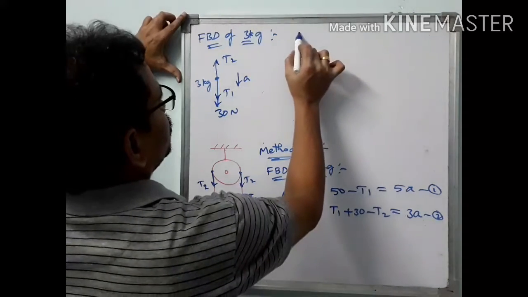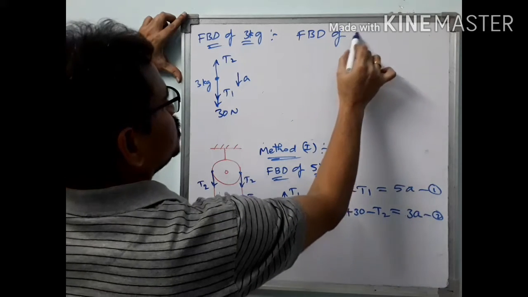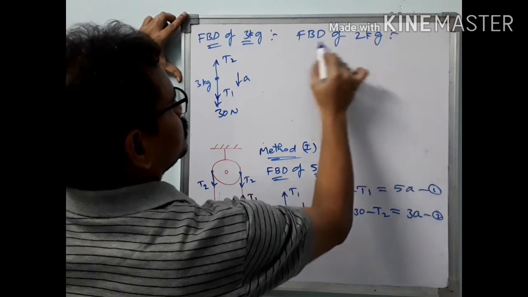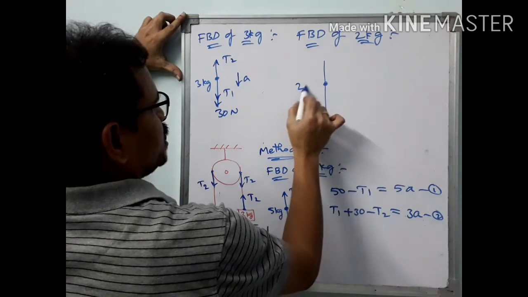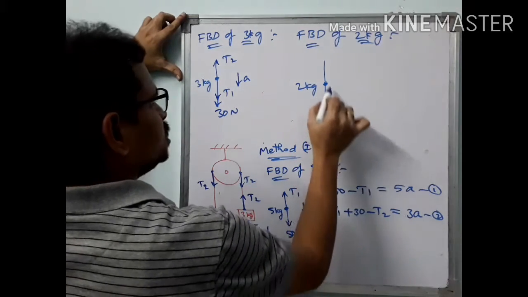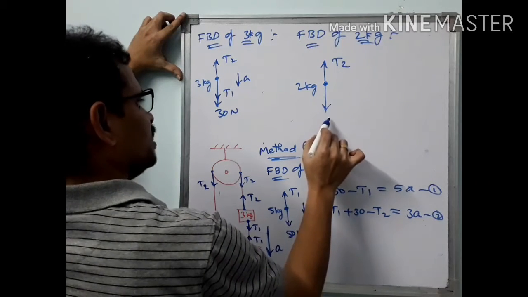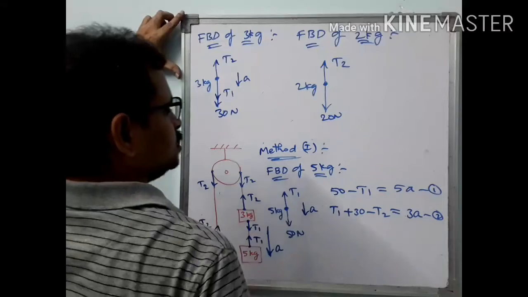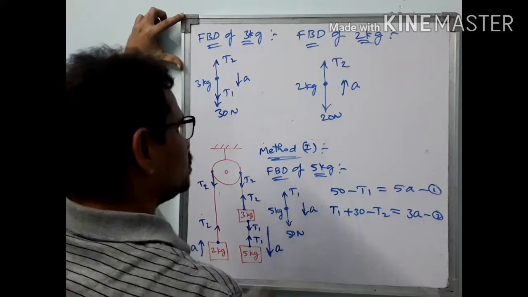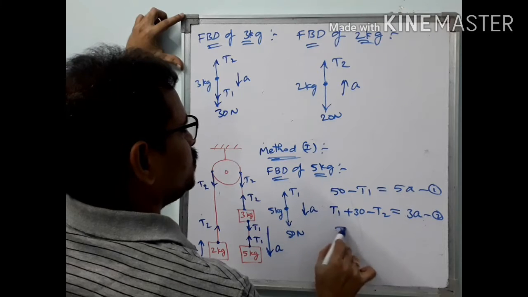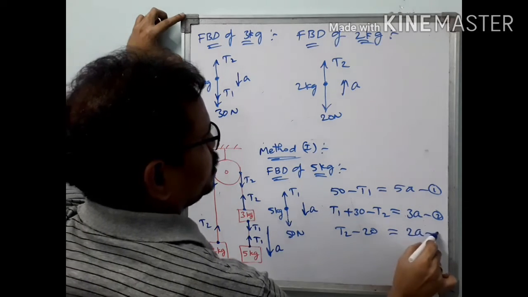Now FBD of 2 kg. Let me take 2 kg as a point mass as usual. Upward force T2, and downward force only gravitational force, that is 20 newtons. The acceleration is upwards, be careful, acceleration is upwards. So T2 minus 20 equal to 2A.